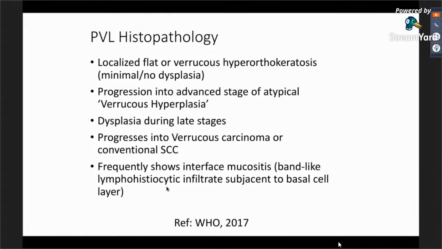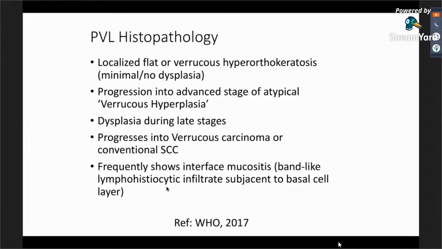I think in a place where patients come in early and they are being followed up, there is no loss to follow up, this is well and good. But I think in our region, most of the time, when the lesions are early, we do not see them. And yet, when they come late, we're saying to ourselves, is this proliferative verrucous leukoplakia? And it is quite important to recognize because of its malignant potential.